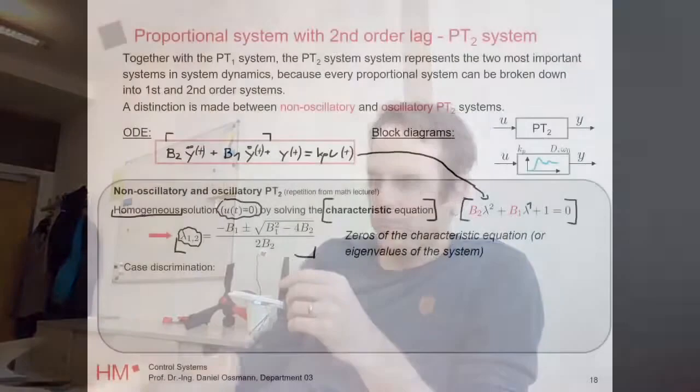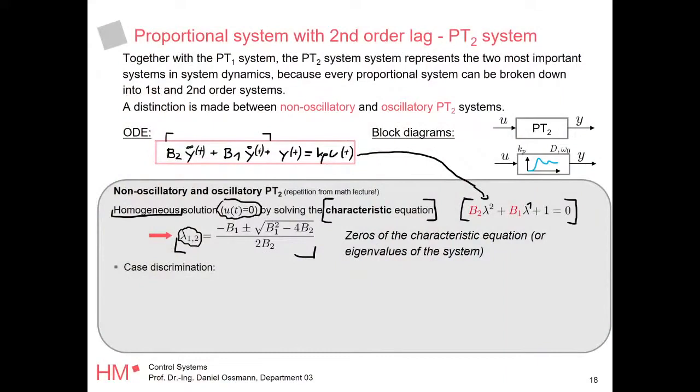Because you have the square root of b1 squared minus 4b2, this can get negative, right? If it is negative, we will end up with complex lambdas, and if it's positive, we will have real lambdas. Okay, so far so good.